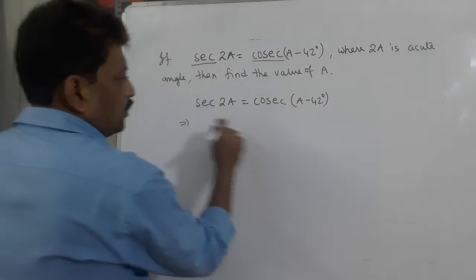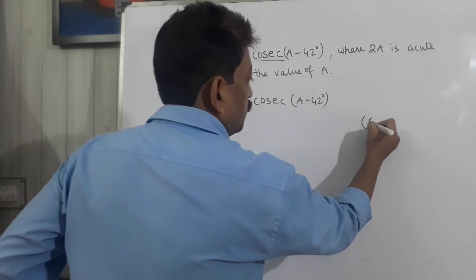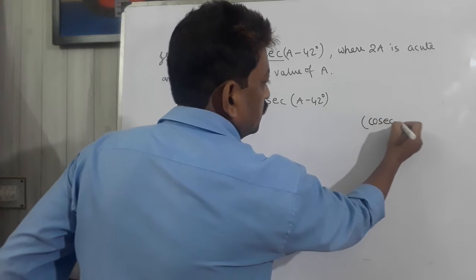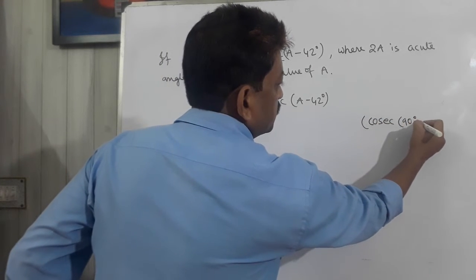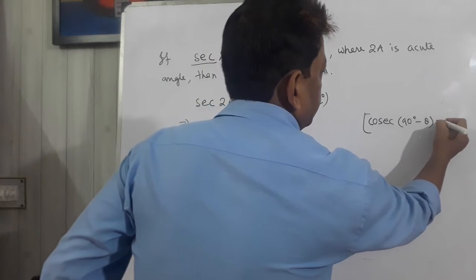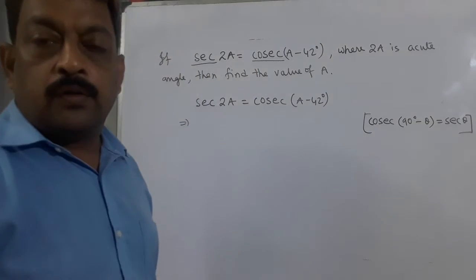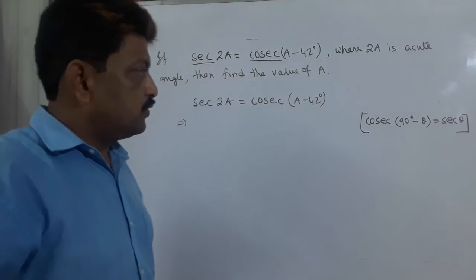Okay, so we know the formula: cosec 90 minus theta is equal to sec theta.